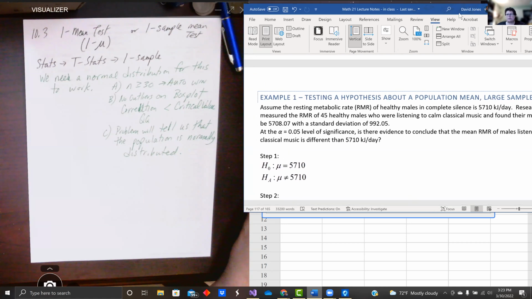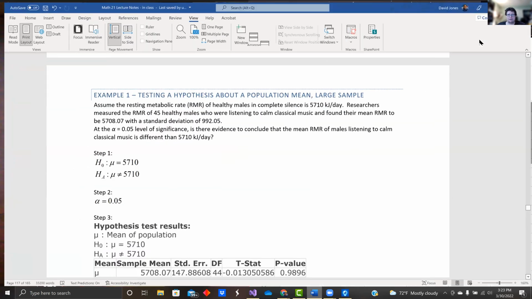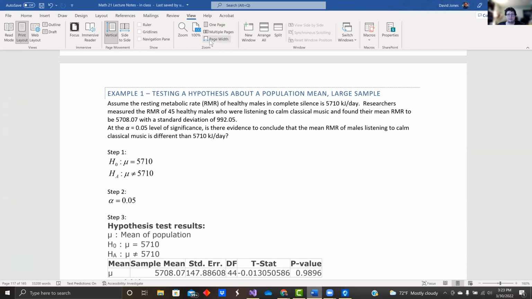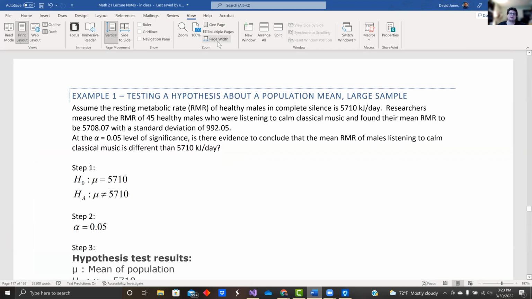So we'll go with this problem right here. I'm going to blow it up so I can make it larger. Assume the resting metabolic rate of healthy males in complete silence is 5,710 kilojoules per day. So I'm going to start writing stuff down on my paper. It says RMR, resting metabolic rate.